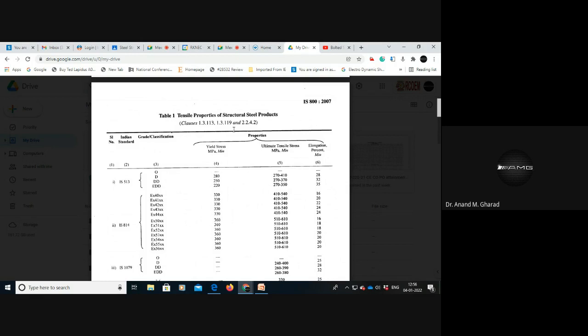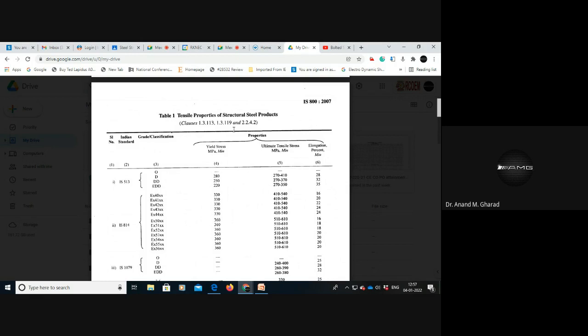But before that, whenever you are designing any component, you are supposed to provide the client, or whosoever it may be, with a report, and that report should consist of all the necessary information which will convince that person that yes, your design is up to the mark, it will be safe. And why will it be safe? Because you have referred to certain standards.